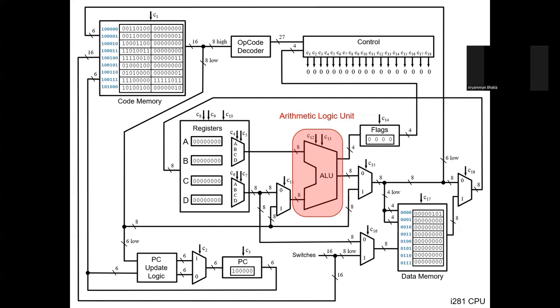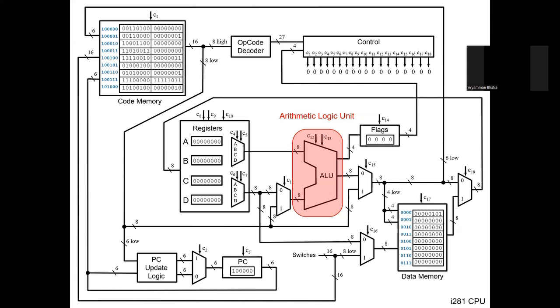The arithmetic logic unit basically contains all the combinational logic to implement all different types of instructions, and it is controlled by these two control lines, basically telling it what it needs to do.